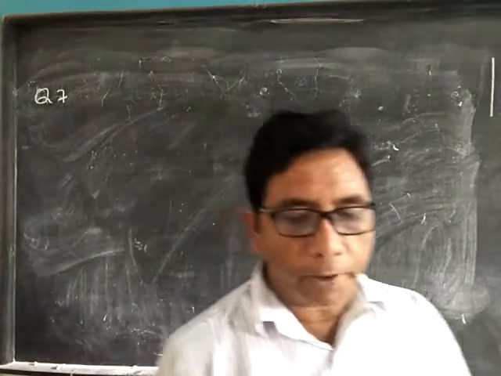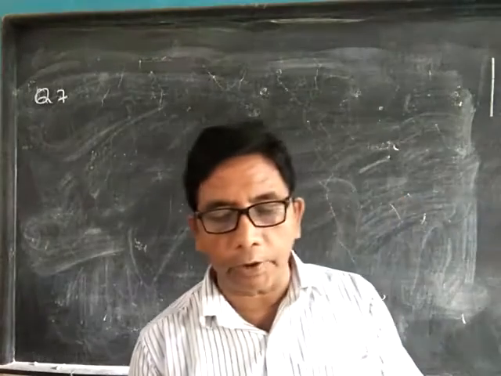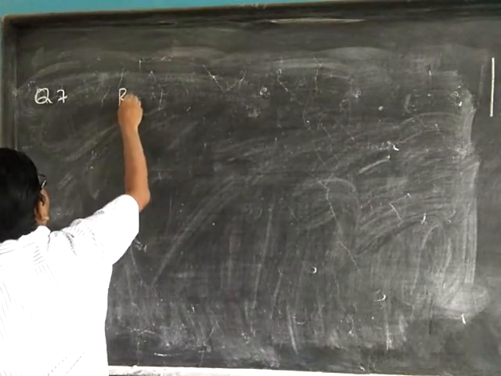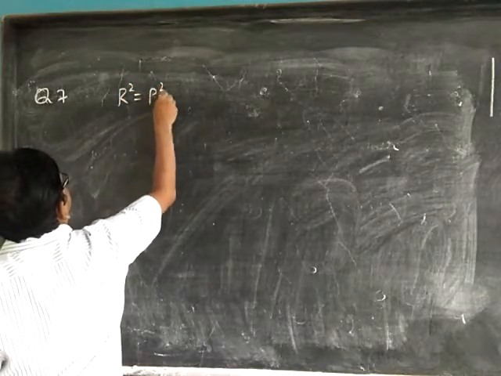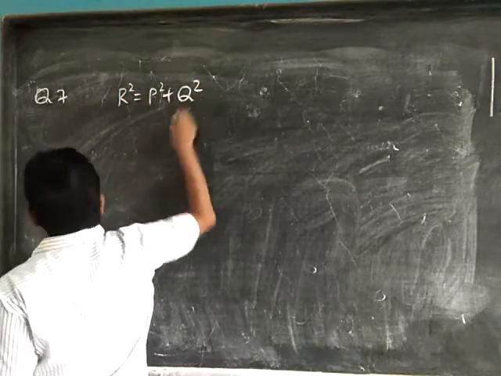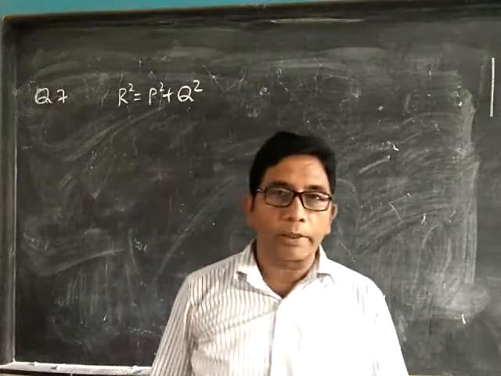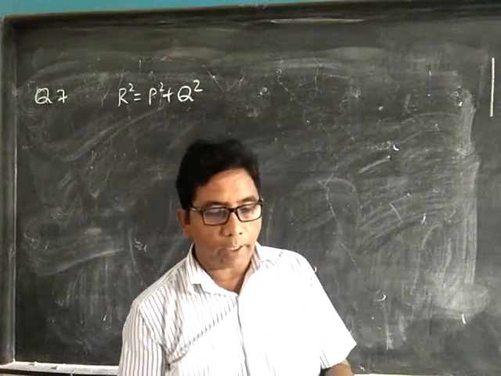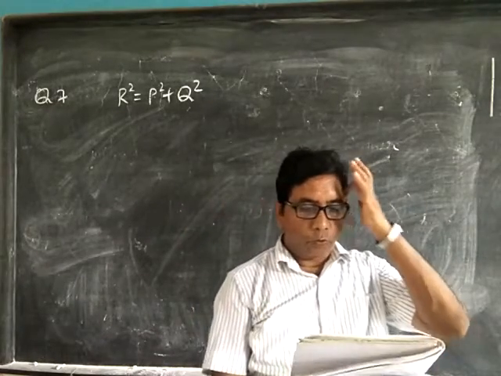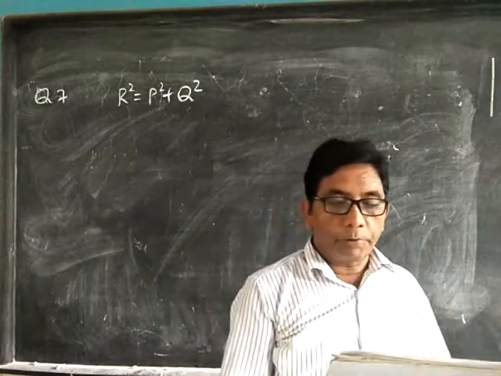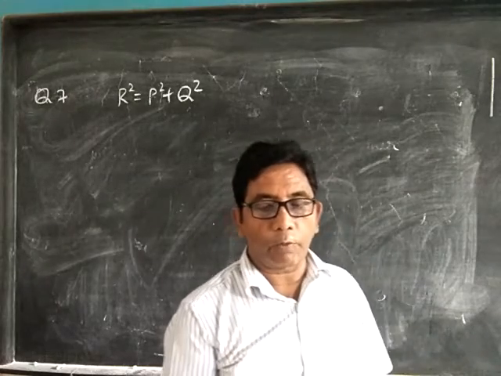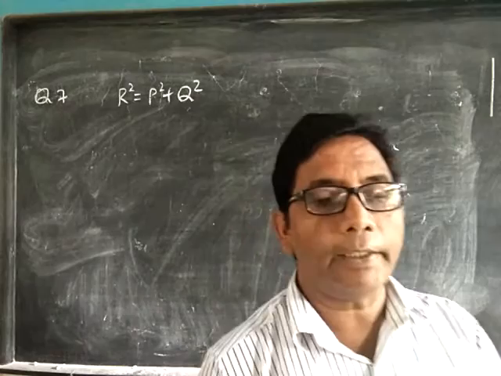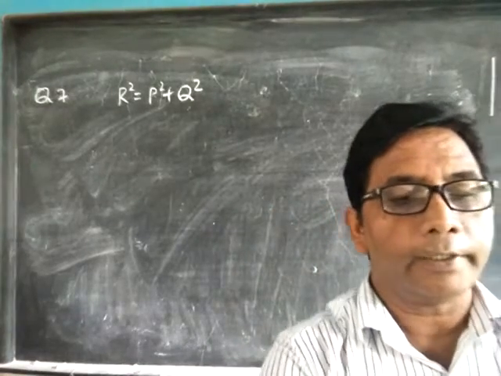The magnitude of the resultant of two vectors p and q is given by r square is equal to p square plus q square. What is the angle between p and q?